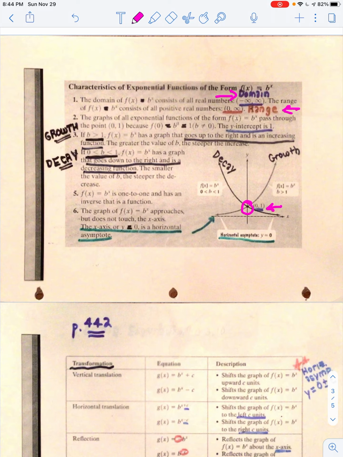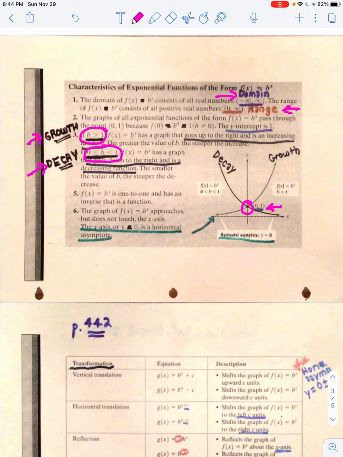As far as how you know whether you have a growth graph or a decay graph, that's based on the base. If the base is a number greater than 1, you're going to have a growth graph. If the base is a number between 0 and 1, you'll have a decay graph.